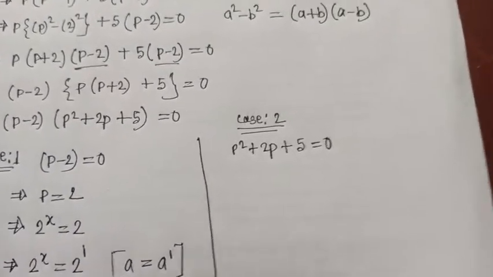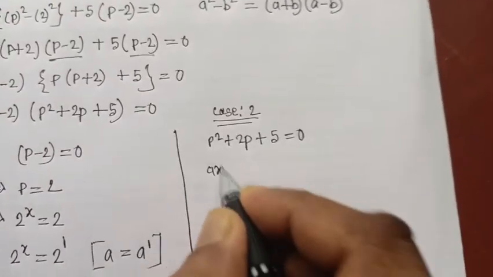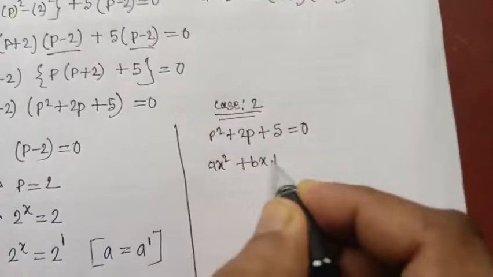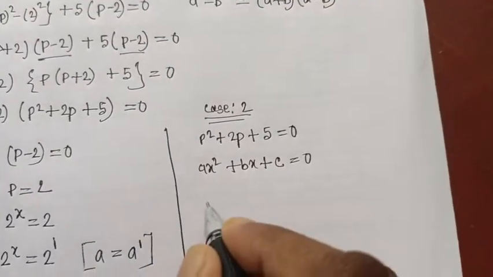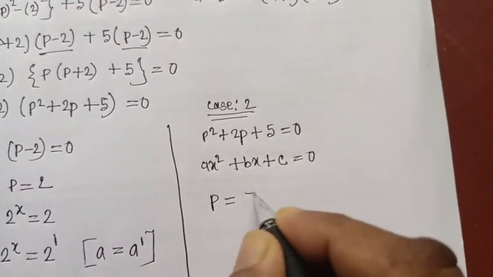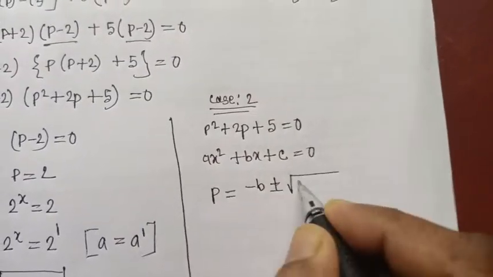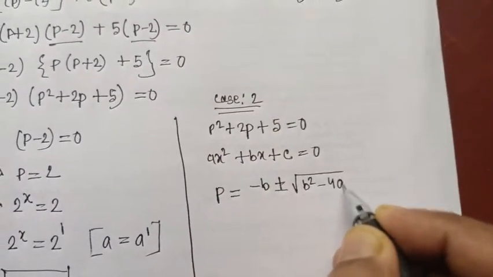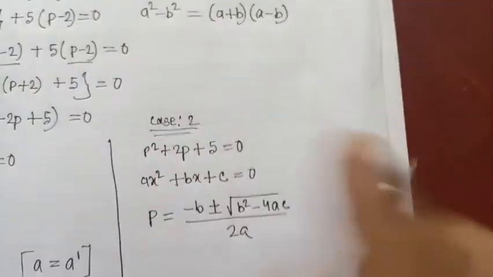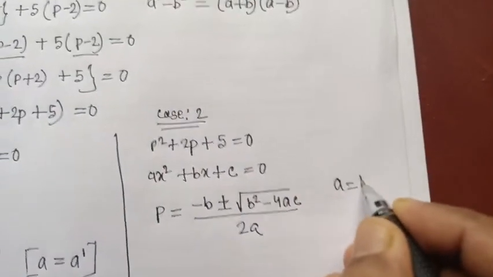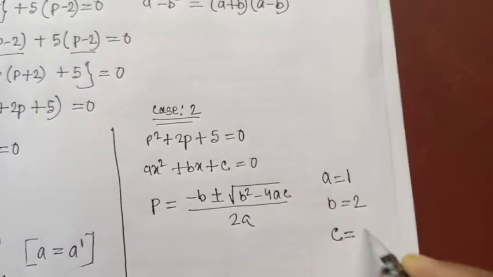Now the above equation is like a quadratic equation, like ax square plus bx plus c equals 0. So the roots of the above expression are p equals minus b plus minus root over b square minus 4ac by 2a. Here we can see a equals 1, b equals 2 and c equals 5.